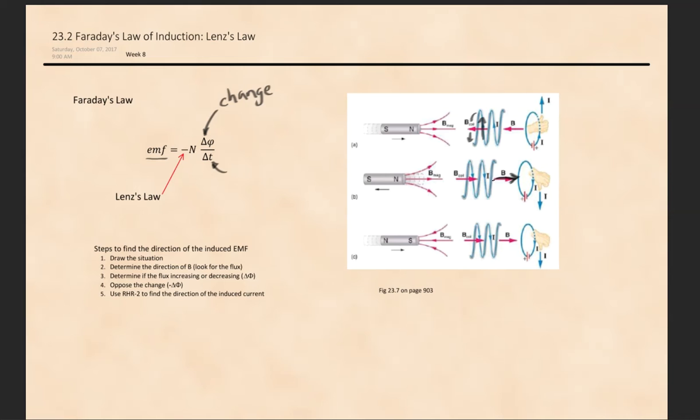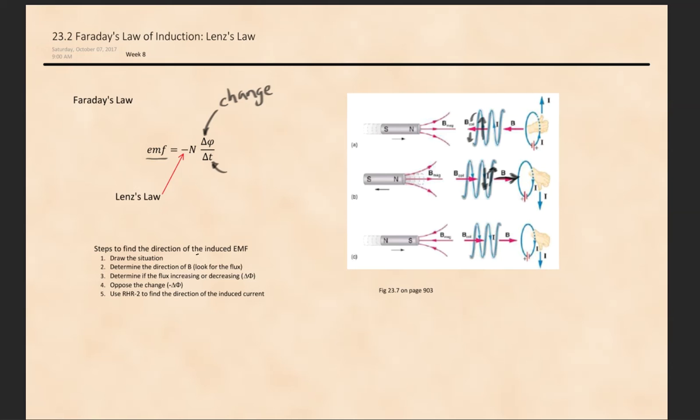To create a magnetic field in that direction, the right-hand rule tells me that the current will flow in the wire in this orientation. The parts of the wire that are closer to me, it flows down. The parts that are farther away, it moves up. You can walk through the third one yourself as an exercise.